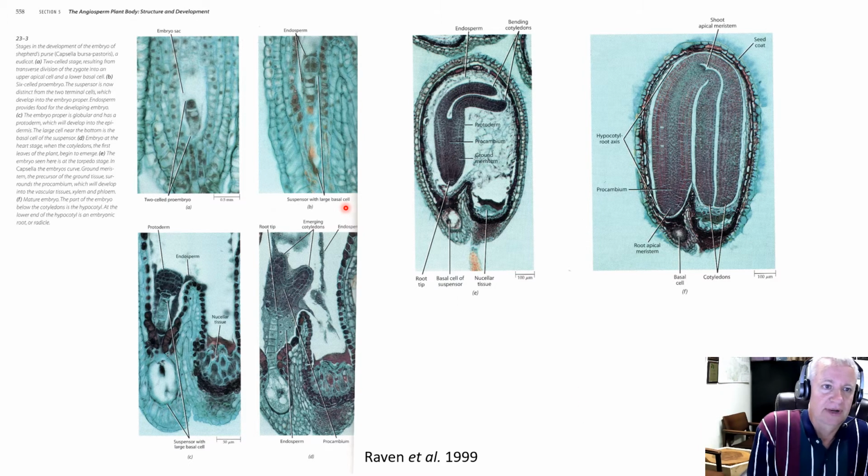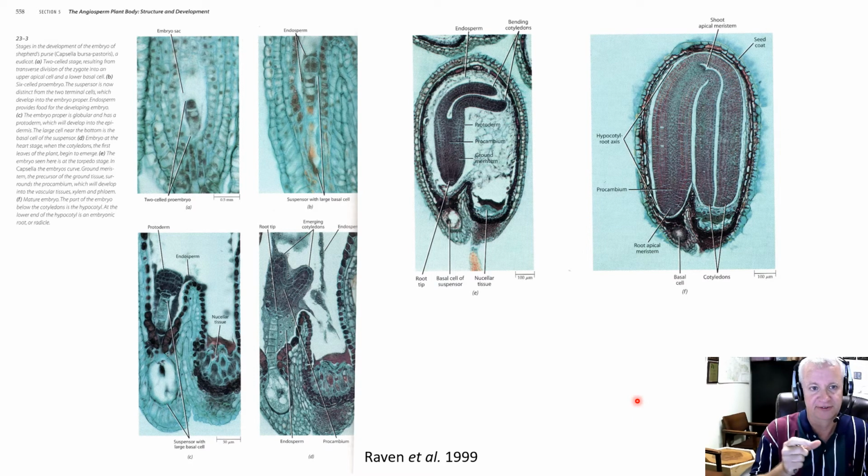So as you can imagine, as this process occurs, as the embryo develops, the mass of the seed is increasing. And generally, seed maturity is thought to occur with the achievement of maximum mass.